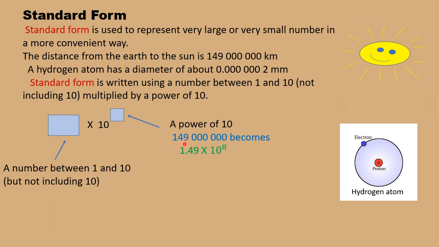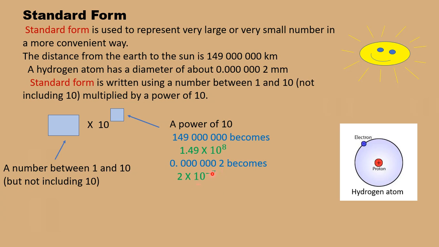So 149,000,000 we can write as 1.49 into 10 raised to the power 8. 0.0000002 becomes 2 into 10 raised to the power minus 7.